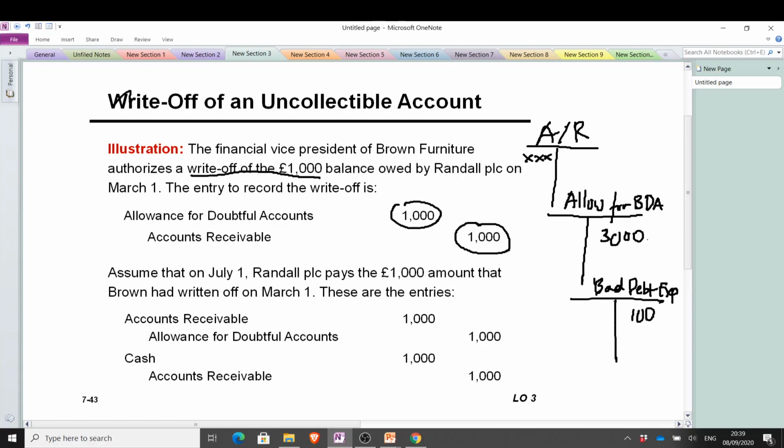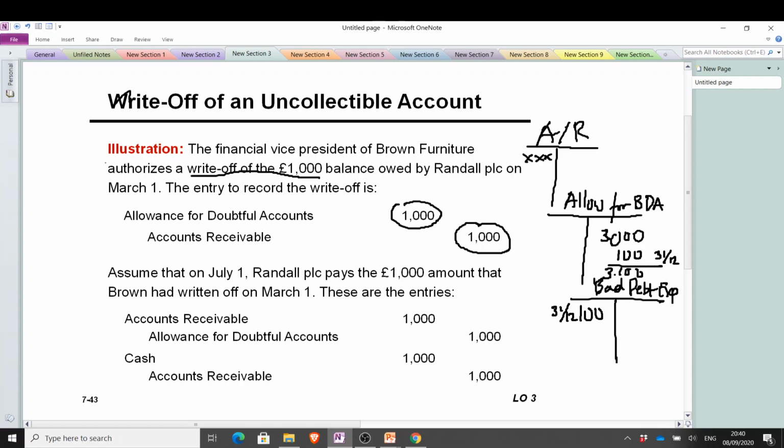This is the balance, not the amount of expense here. I'm sorry, the expense is 100 here. Let's say we have another 100 here, so the balance is 3,100. This happens on December 31.